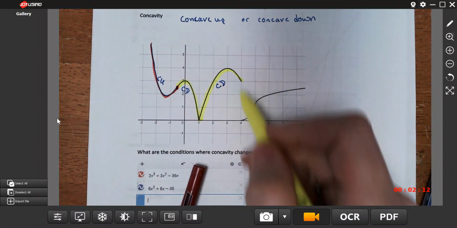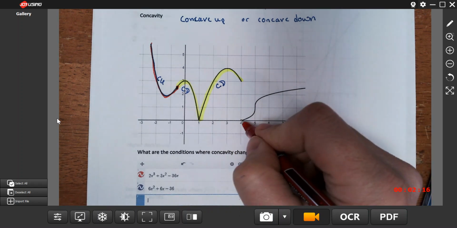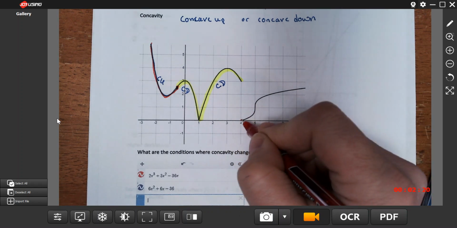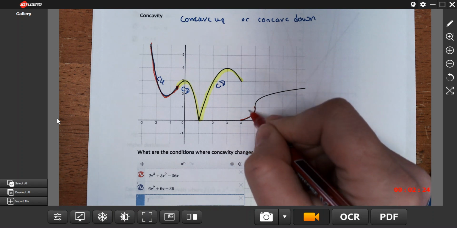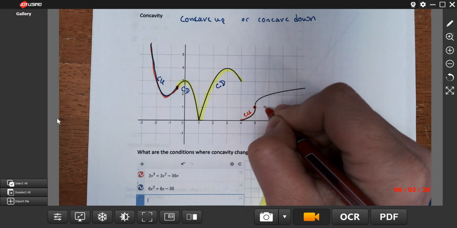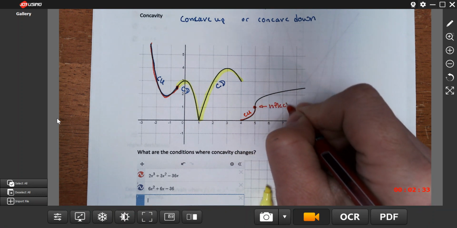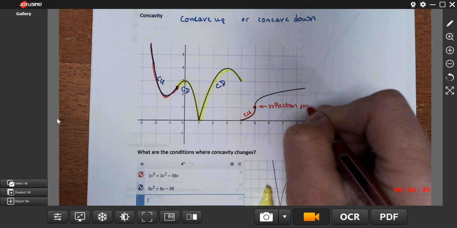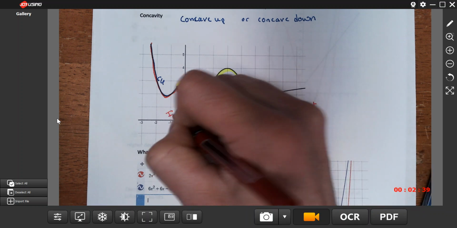And then we have a discontinuity. So if I jump over here and I follow this little bit, now, it doesn't make a nice cave that you can tell, but this section of curve right up to here, that curvature part is facing up, so this is concave up. And right there at that point, which is called an inflection point, and this is also an inflection point.